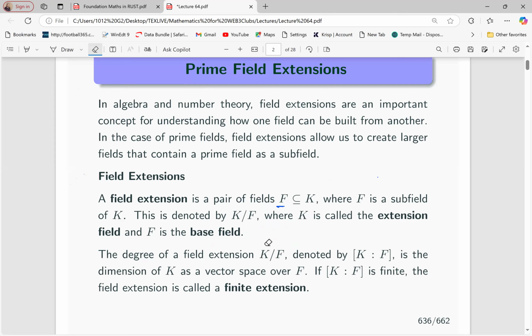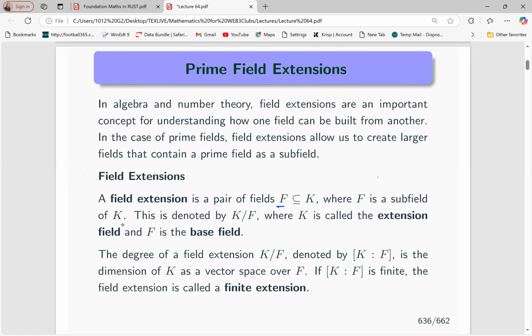Now, I had mentioned the degree of the extension, and that degree of the extension shall be denoted this way. So this is how we denote the degree of the extension. When you see this, it means the degree of the extension.